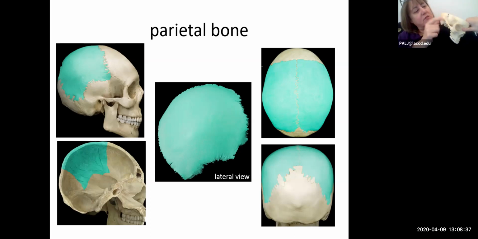Let me switch to this side, because you can clearly see there's a suture line right here. So we do have some parietal bone visible on the skull itself. And if you were to take the parietal bone off, it's just this very flat, thin bone with no real projections on it.